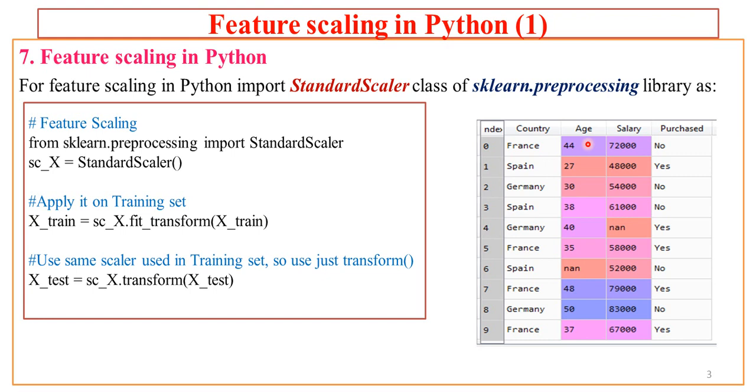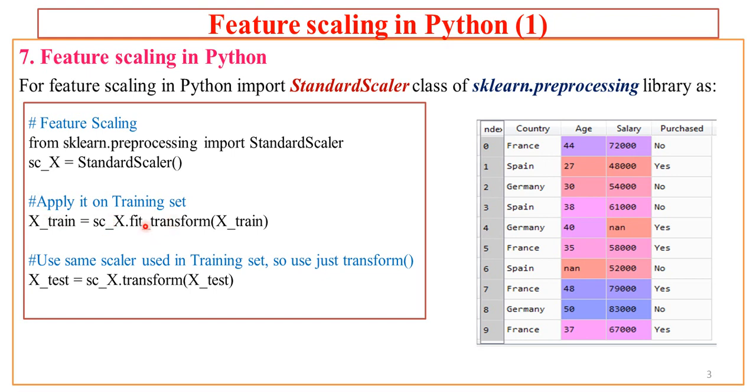So whatever values you see here, 44, 72,000, 27, 48,000 for the observations like France, Spain, these things will be scaled to a uniform scale value so that our model will work properly for doing further prediction. I hope that you understand this, because we already had a very important and very clear-cut discussion about why scaling and how scaling is done using the StandardScaler method.